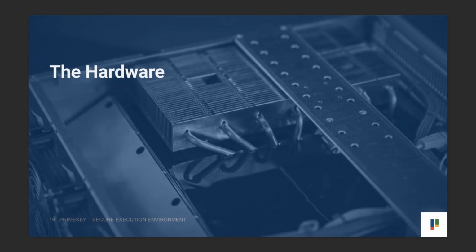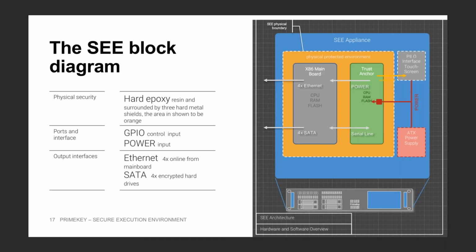So, talking about the design, we will now start digging a little bit deeper into the hardware and how we developed it and how we established the trust and the protected environment. Here is another block diagram, derived from the first design organization.